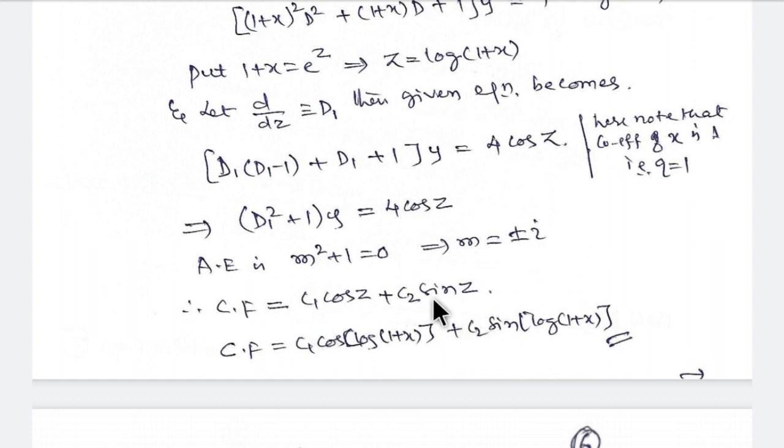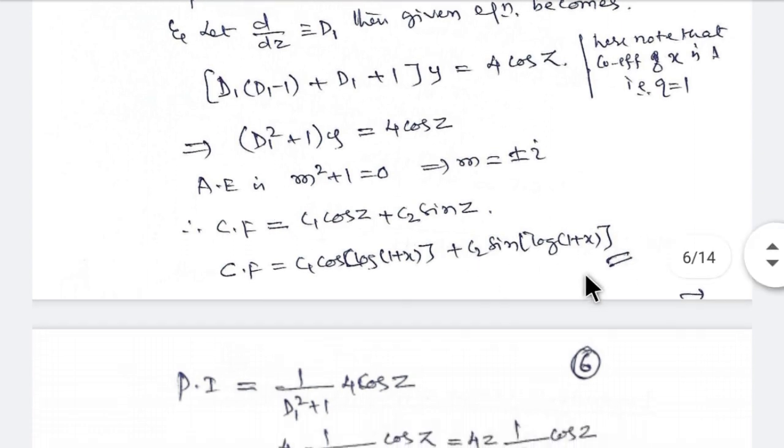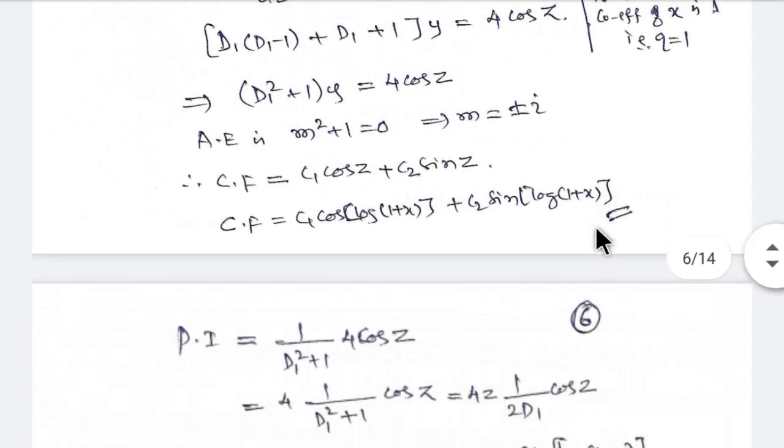Alpha is 0, beta is 1, so c1 cos z plus c2 sin z. Now substitute back z in terms of x, using the transformation taken: CF equal to c1 cos log of (1 plus x) plus c2 sin log of (1 plus x). So this is the complementary function.